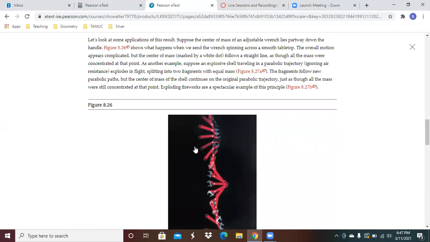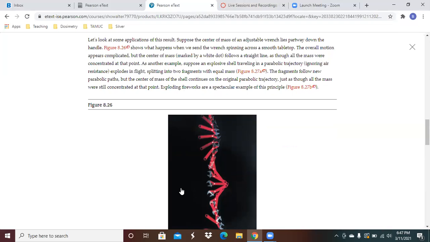So this is always a cool picture. Suppose the center of mass of an adjustable wrench lies partway down the handle. In other words, you see this white dot? That white dot represents the center of mass. This figure shows what happens when we send the wrench spinning across a smooth tabletop.